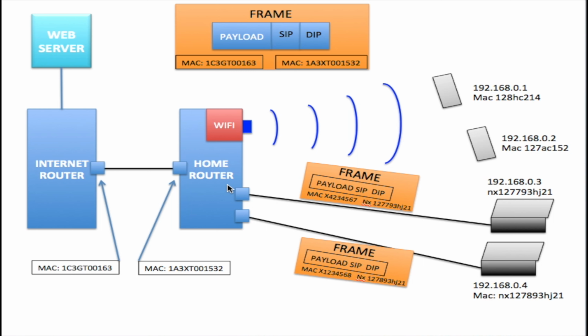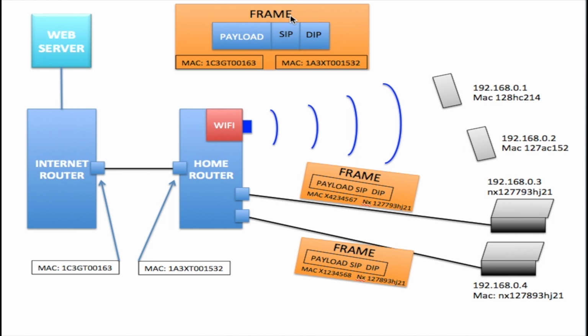So the router would check the NAT information to find out what IP address it's supposed to be sending to. So what it would do is to change the IP address, which is the destination IP, from this router now to this computer here. So now it would be 192.168.0.3 for the destination IP address.